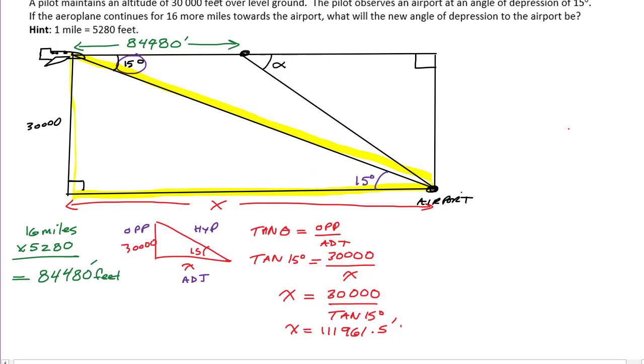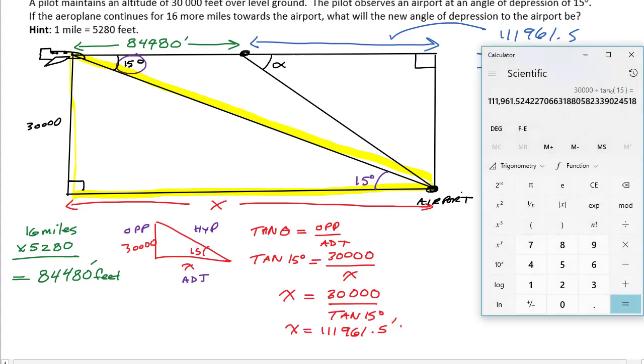Now, what we could do is find this length right here. All we have to do is take x and subtract the 84,480 feet. So to find this length, let's take the whole length across, which is x, 111,961.5, and subtract 84,480.